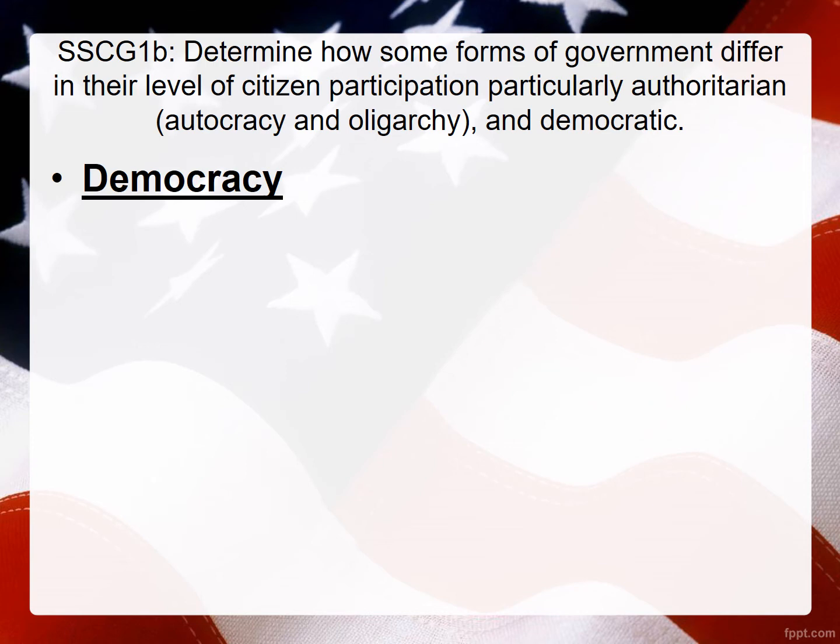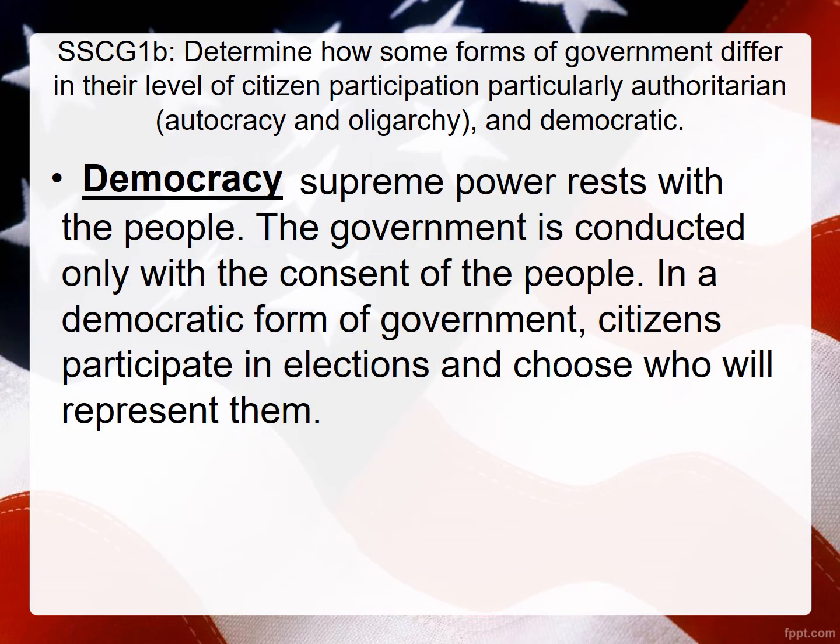Now, the next form we're going to talk about is democratic, or democracies. What is a democracy? Do you remember? Democracy is where the supreme power rests with the people. This is a government that is conducted only with the consent of the people. In other words, the people within the country give the government permission, or their consent, to govern them.